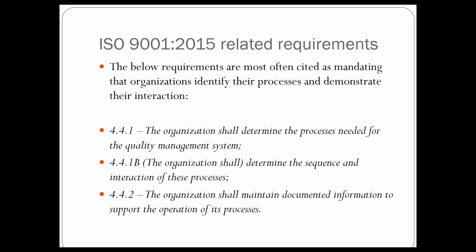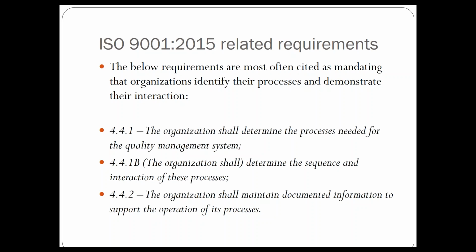Now, in the 2015 version of ISO 9001, the requirements are very similar. In the first two cases, they're almost exactly identical. Again, you shall determine the processes needed for the quality management system, and you shall determine the sequence and interaction of these processes.